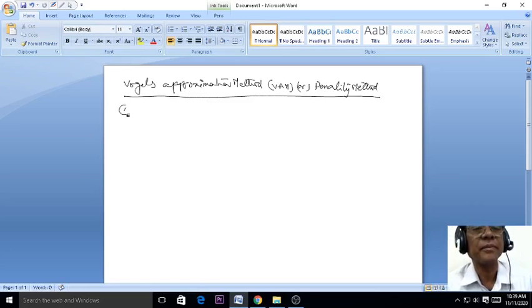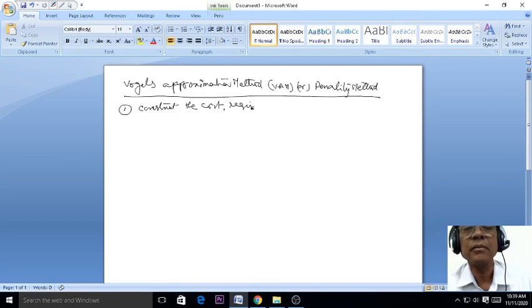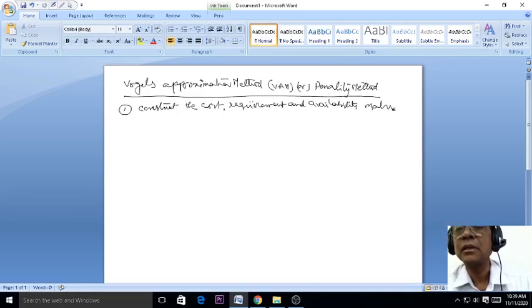So come to this point. First step, construct the cost, requirement and availability matrix.